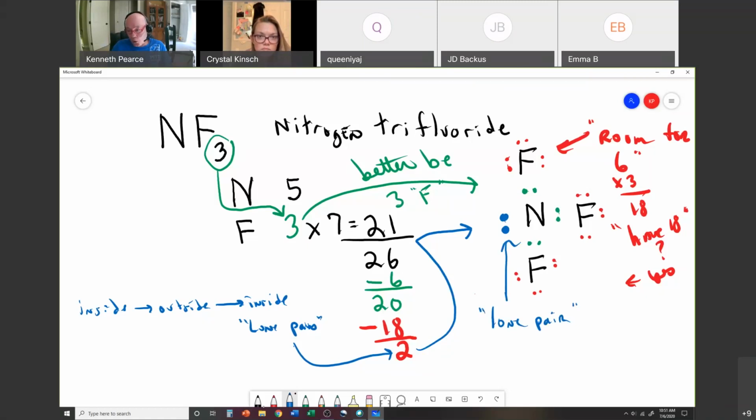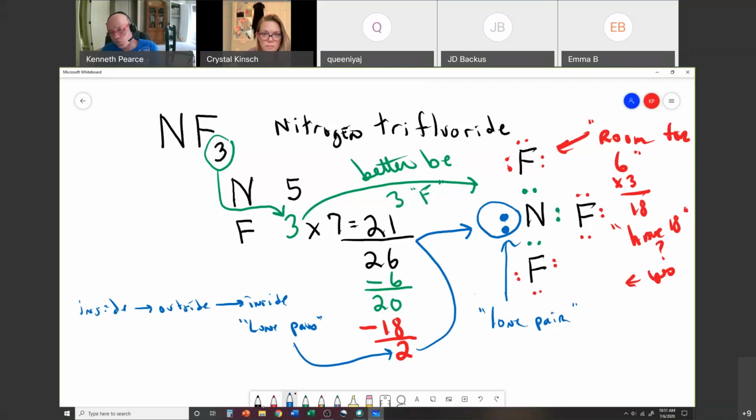Now, what I like for y'all to do to emphasize that they exist and that they take up space is we're going to circle these guys. We're going to circle the lone pair. Now, I do that for two reasons. The reason why I circle lone pairs is first off, it's my habit. Like I said, sometimes it depends on where you learned chemistry and what part of the country and what part of the world. And my part of the world says circle lone pairs.